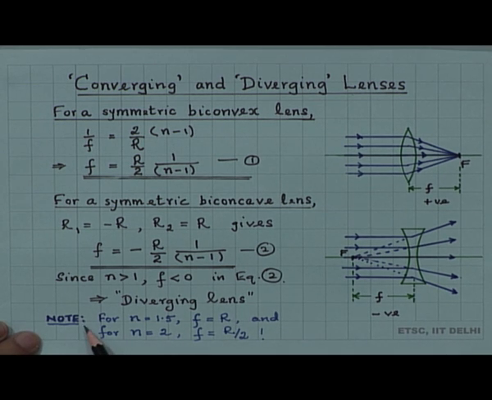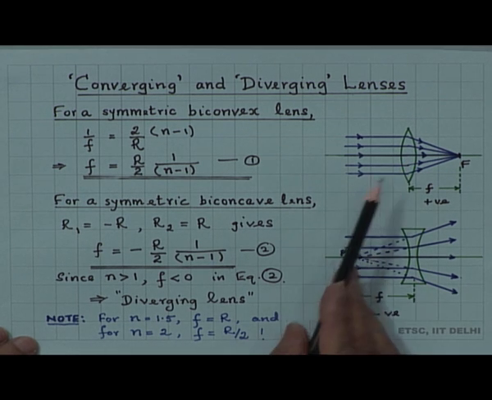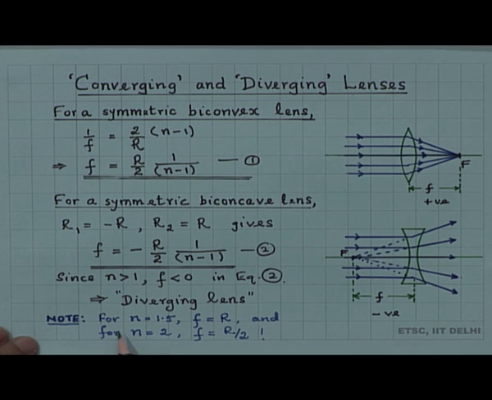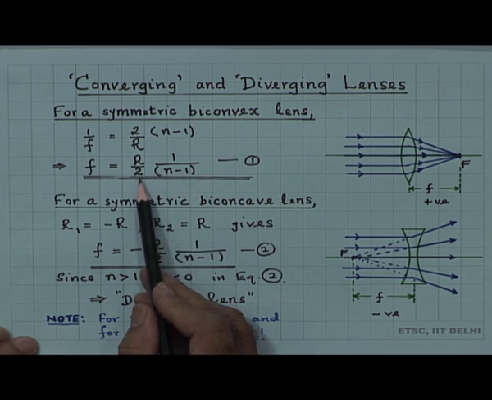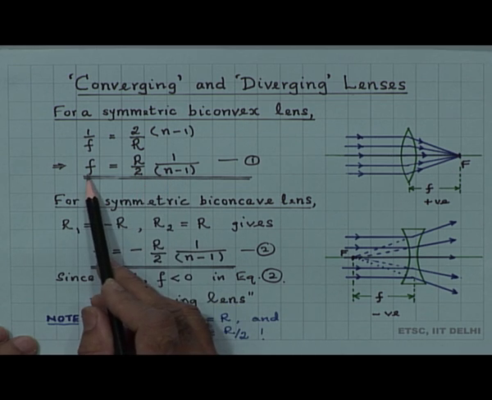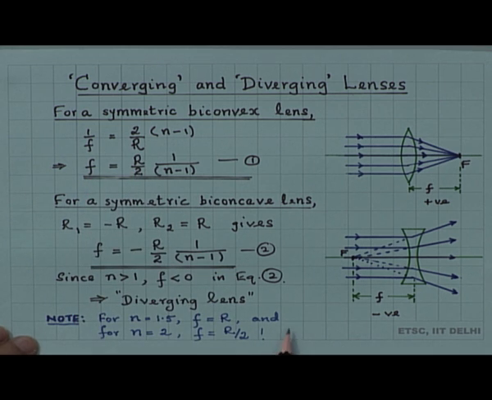Note something interesting: consider the biconvex lens, for n equal to 1.5, f is equal to R. N is equal to 1.5, this is 1.5 minus 1, that is 0.5, multiplied by 2 is 1. Therefore, the focal length is equal to the radius of curvature, whereas for n equal to 2, the focal length is equal to R by 2.